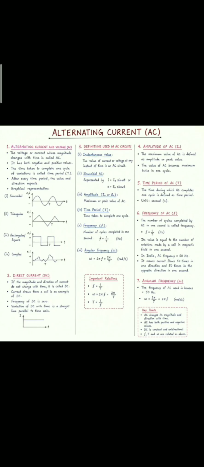Frequency means 1 by T, so we can also write omega equals 2 pi by T. And angular frequency means rate of change of angular displacement. Some important relations: f equals 1 by T, omega equals 2 pi f equals 2 pi by T, and T equals 1 by f.